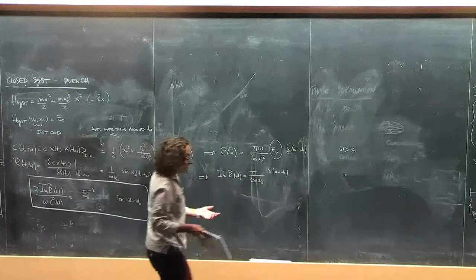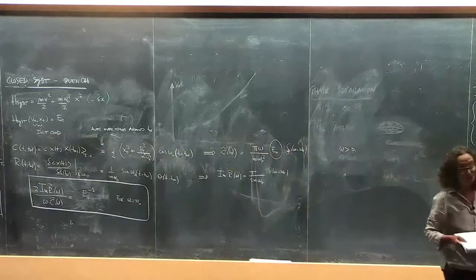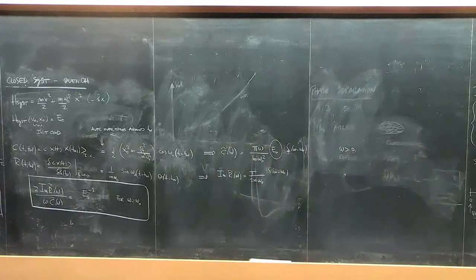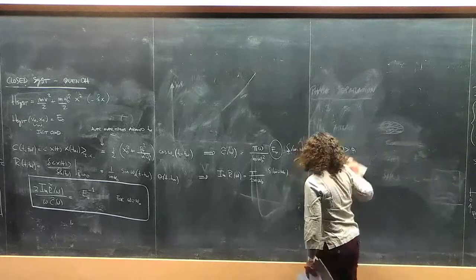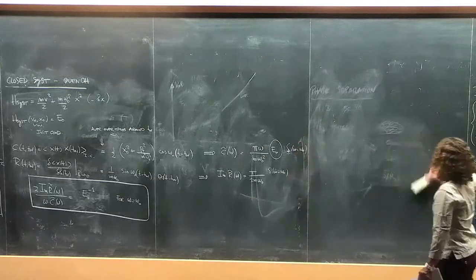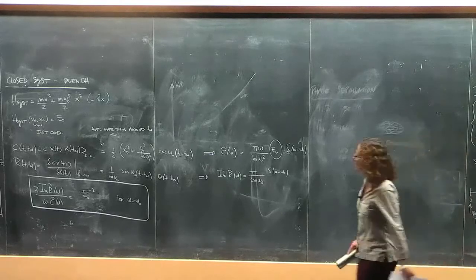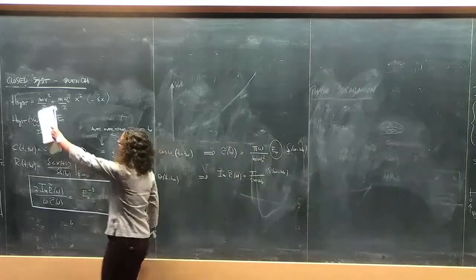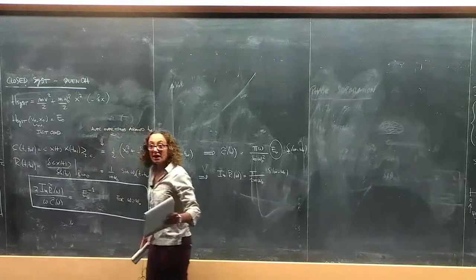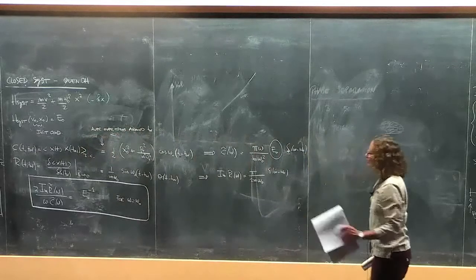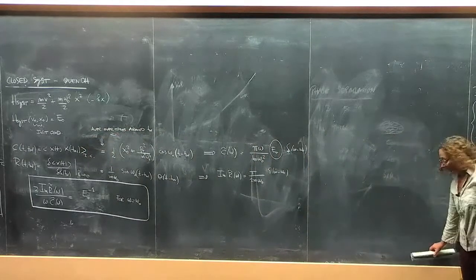Now, let me see what the GGE construction for this problem would tell us to do. So, what's the GGE construction? The GGE construction proposes to find the distribution function that a system that is not in equilibrium, but is isolated and is quenched in some way, will reach in its stationary state.